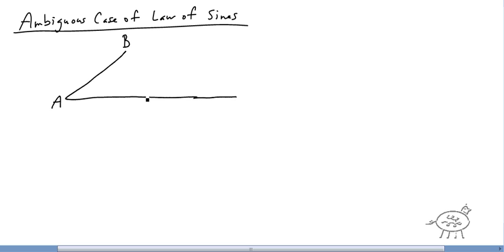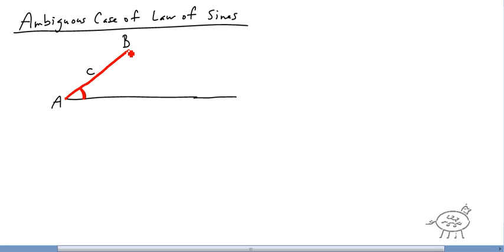If I give you an angle, and this is going to be fixed, so angle A, and I give you side C. If I give you angle A and side C, let me mark this as fixed. So this angle's fixed, and this side is fixed.